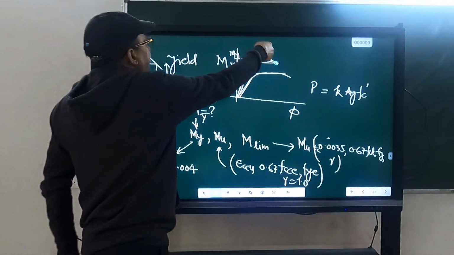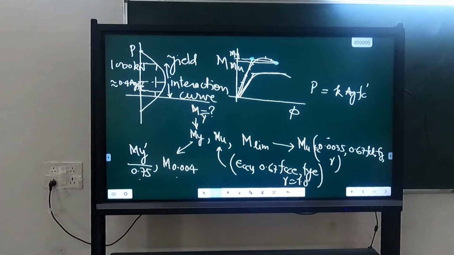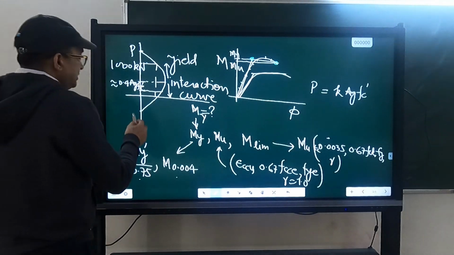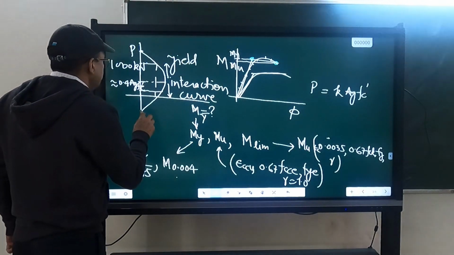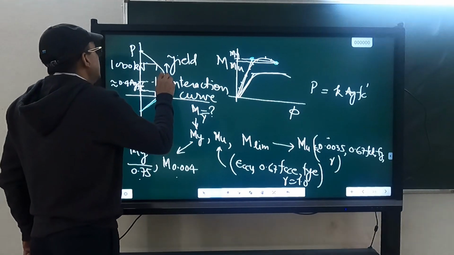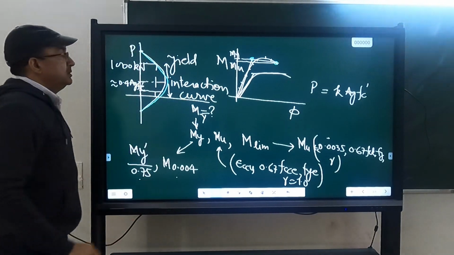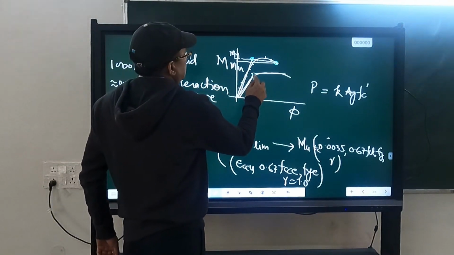Whereas at high axial force, Mu will actually be slightly lower than My. So if I plot for Mu, it will be something like this: slightly higher here, and then slightly lower. But it will be close. The difference is not much.